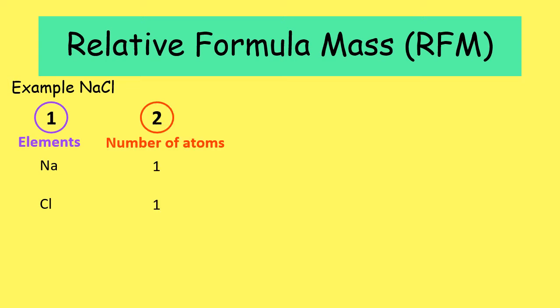Then we look at the number of atoms, and to do that, we look at any numbers written in the bottom right-hand side beside a chemical symbol. Sodium has nothing and chlorine has nothing. And remember, if there's no number written beside an atomic symbol, that means that there's one of that atom in the formula. So sodium is 1, chlorine is 1.